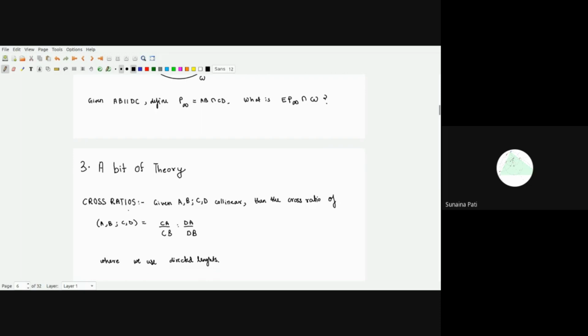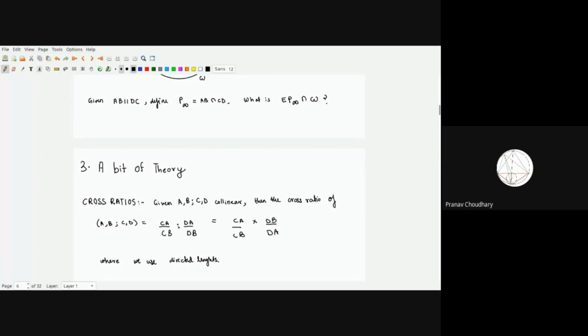Given A, B, C, D collinear, the cross ratio of ABCD is CA by CB is to DA by DB. So that's basically CA by CB into DB by DA. Moreover, we use directed lengths over here. This is the definition. Is everybody fine with the definition?